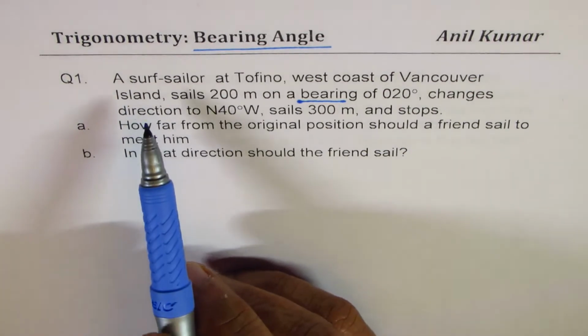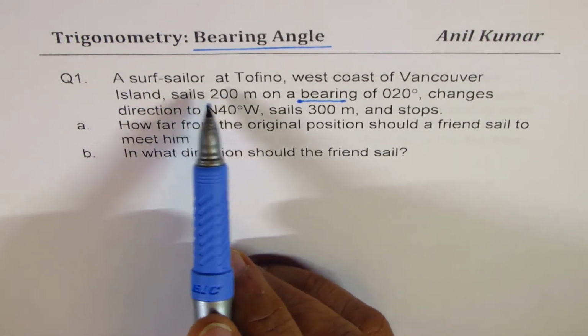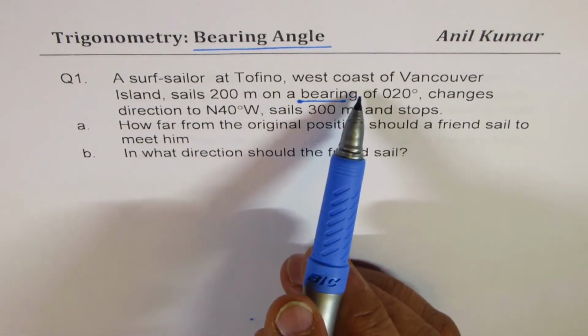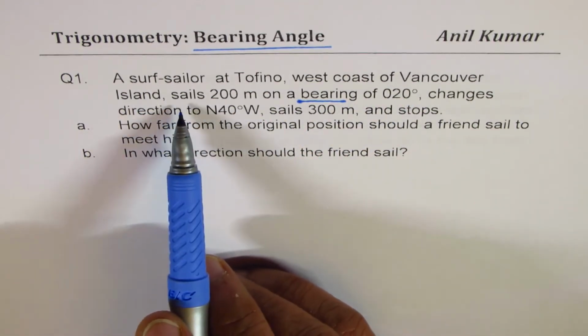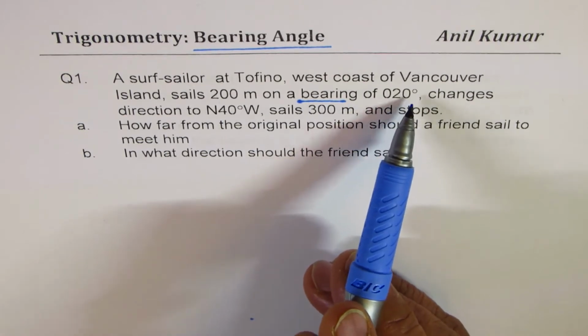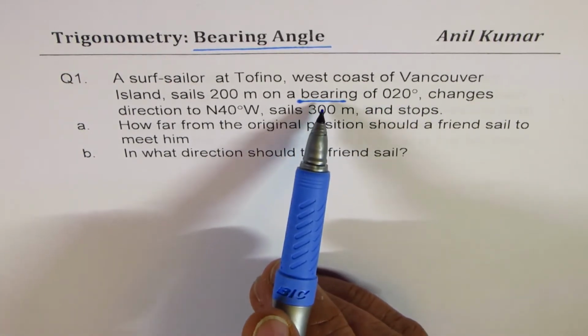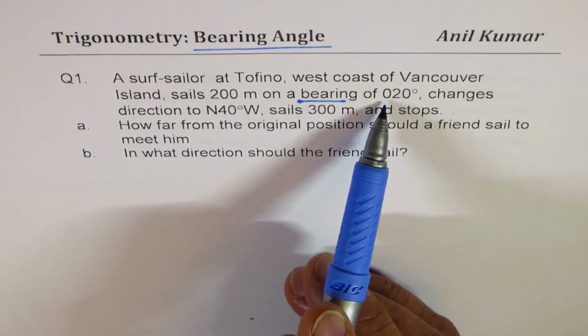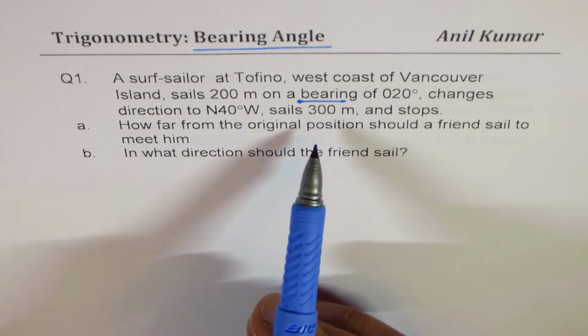Question number 1 here is, a surf sailor at Tofino, west coast of Vancouver Islands, sails 200 meters on a bearing of 020 degrees. Whenever we write bearing angles, we should write in 3 digits.